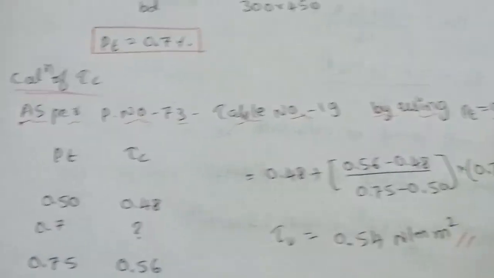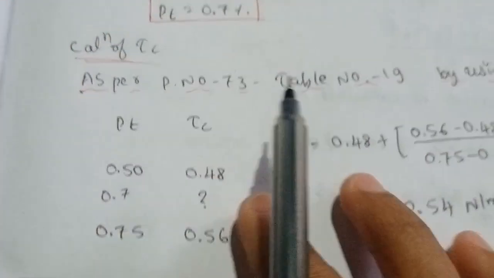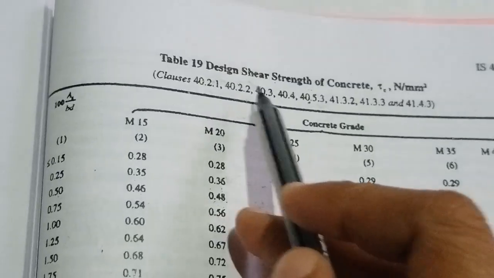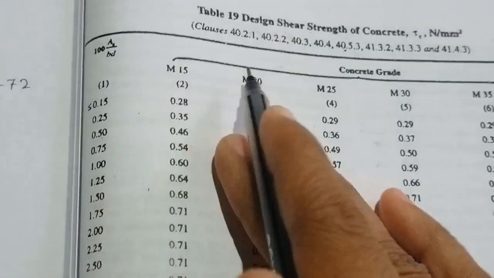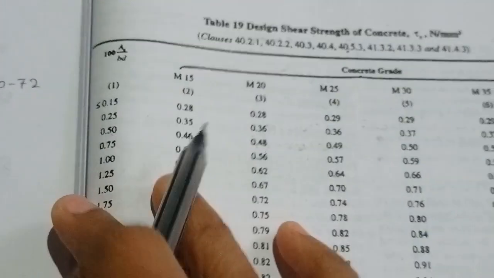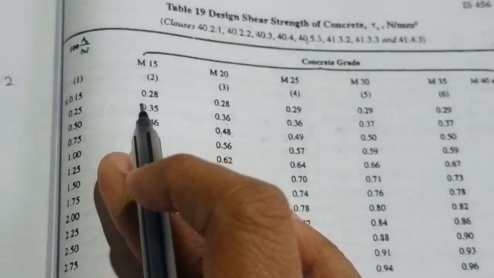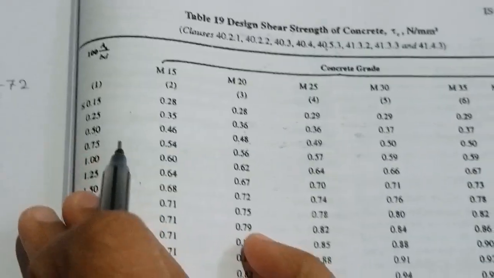By using these two values, we will calculate the tau c value, that is shear strength of concrete.